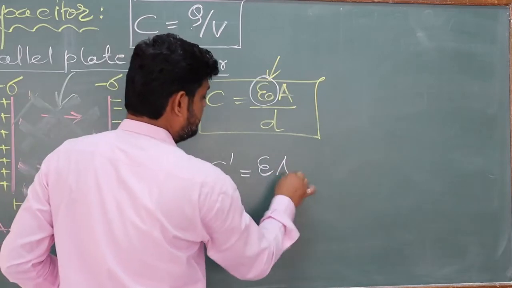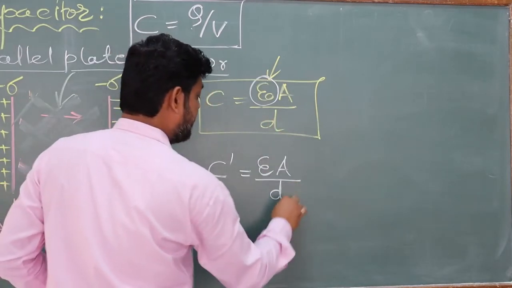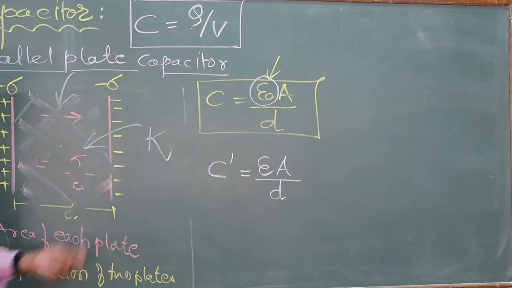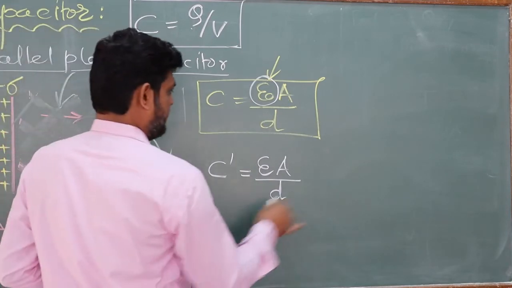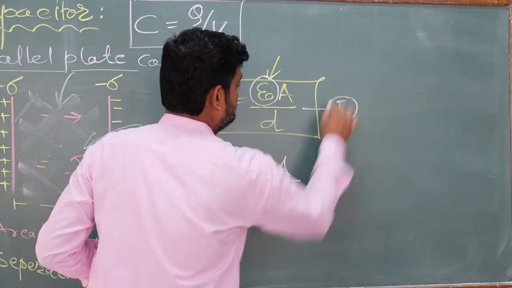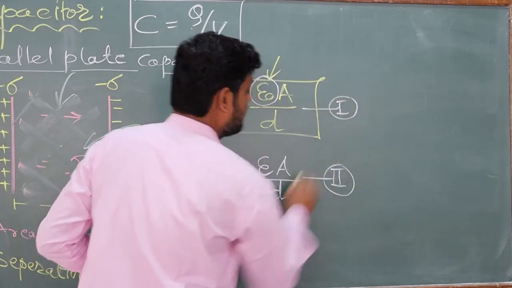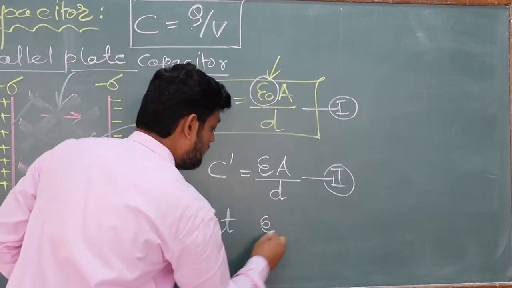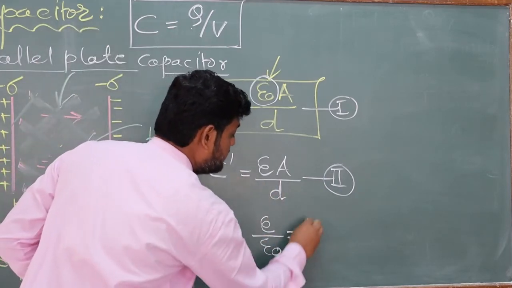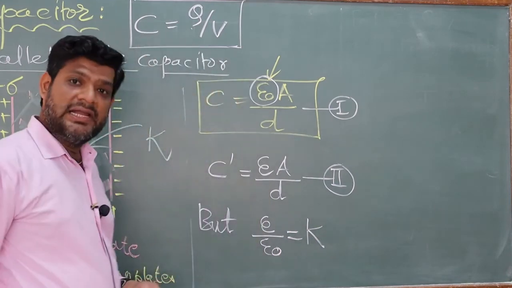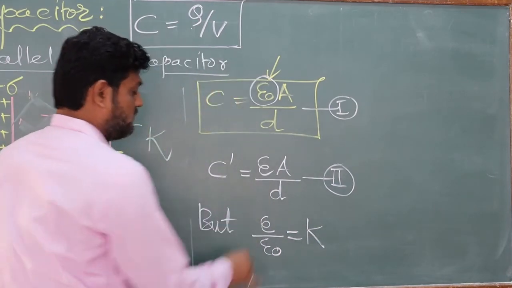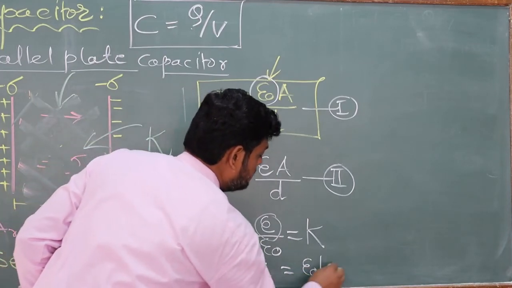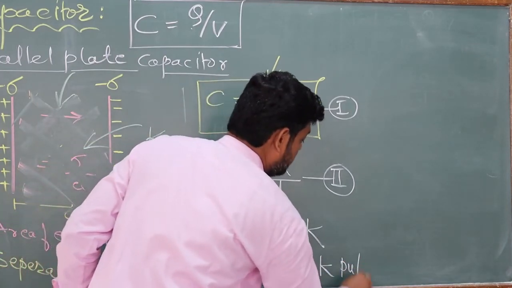A remains as it is, D remains as it is, the separation we kept as it is. So this is equation number 1, suppose this is equation number 2. But from chapter number 1 we know that epsilon divided by epsilon 0 is known as the dielectric constant K. So we get epsilon equal to epsilon 0 K. Put in 2.